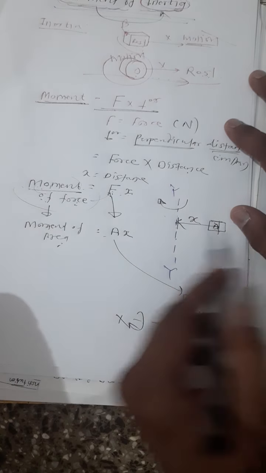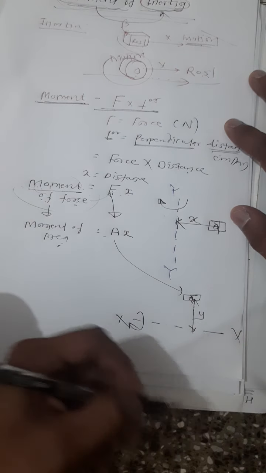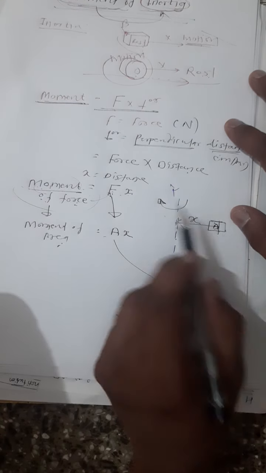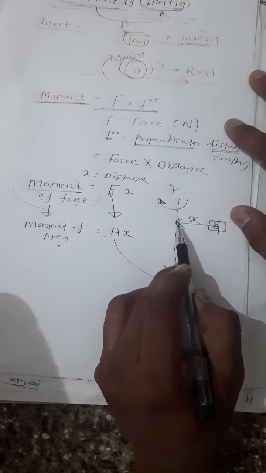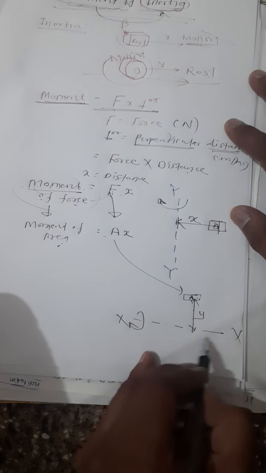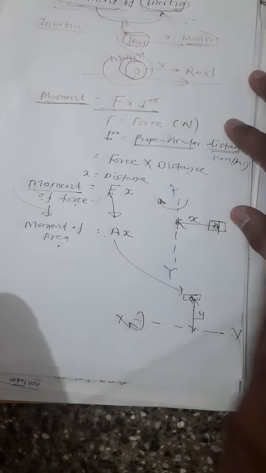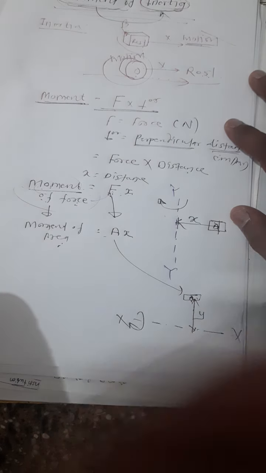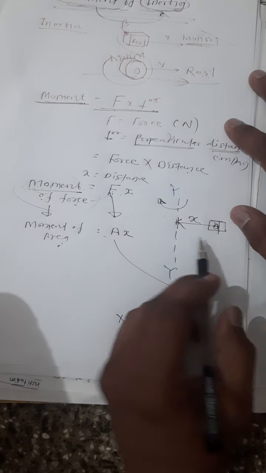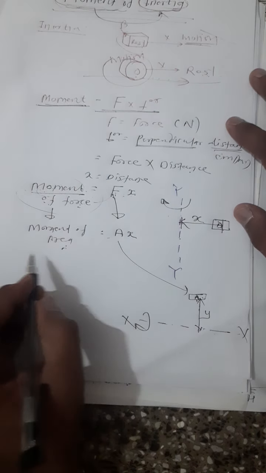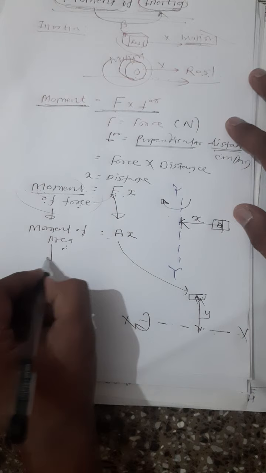This area is going to rotate about the y-axis from distance x. But rotation of an individual area about its axis is called moment of area.